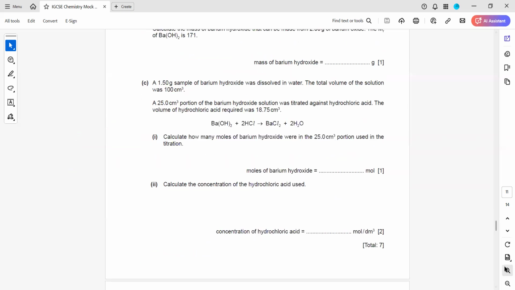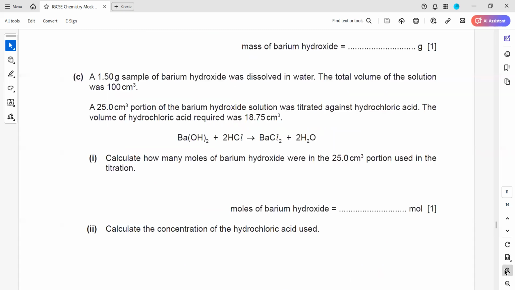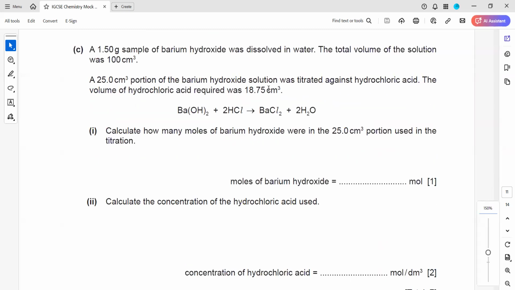The next is in part C: 1.5 grams of barium hydroxide was dissolved in water. The total volume of the solution is 100 cm cube and 25 cm cube is used. So we have 1.5 grams of barium hydroxide in a total volume of 100 cm cube.